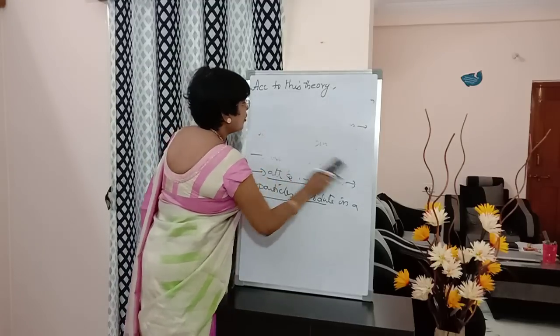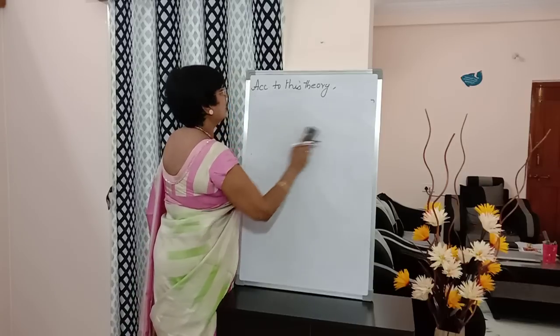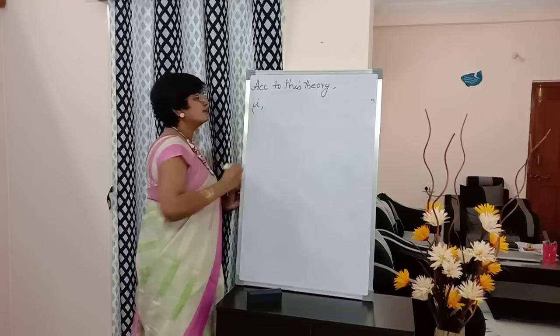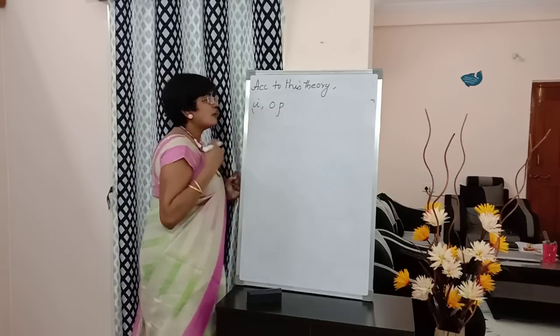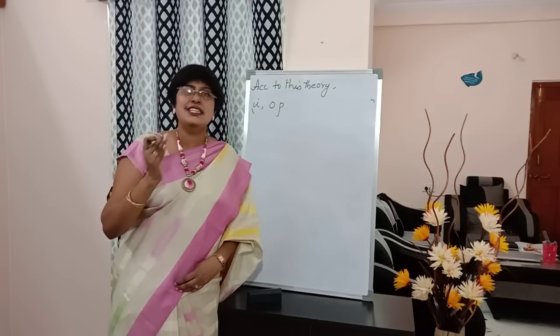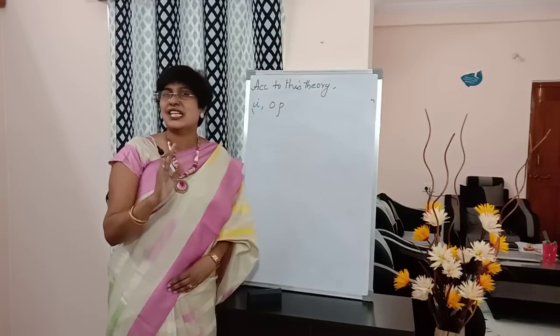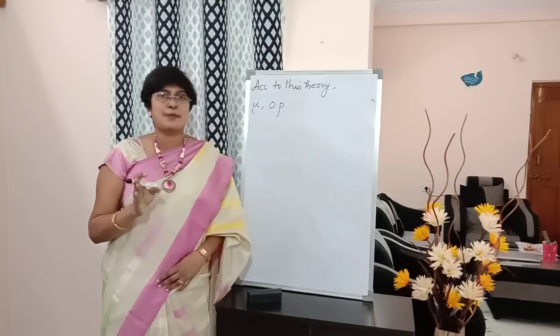Next, point number 2. Write down point number 2. What is point number 2? Okay, now the osmotic pressure of a dilute solution. Write down the second point, students. The osmotic pressure. Students, you all know what osmotic pressure is. Now I am not going to explain again what this osmotic pressure is.